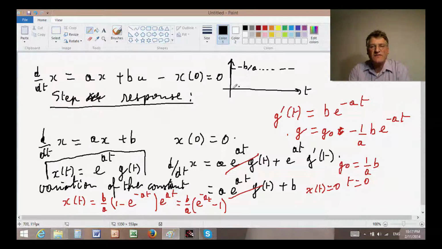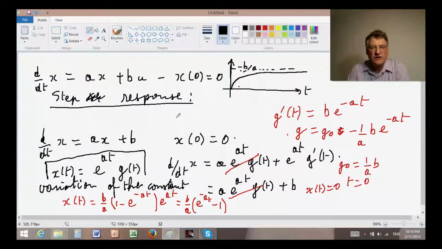And instead of a decaying stable exponential, we have an increasing stable exponential, which plateaus at minus b over a. This exponential is very much of the same shape, but flipped over along the t-axis compared with the previous thing, which was the initial condition response.